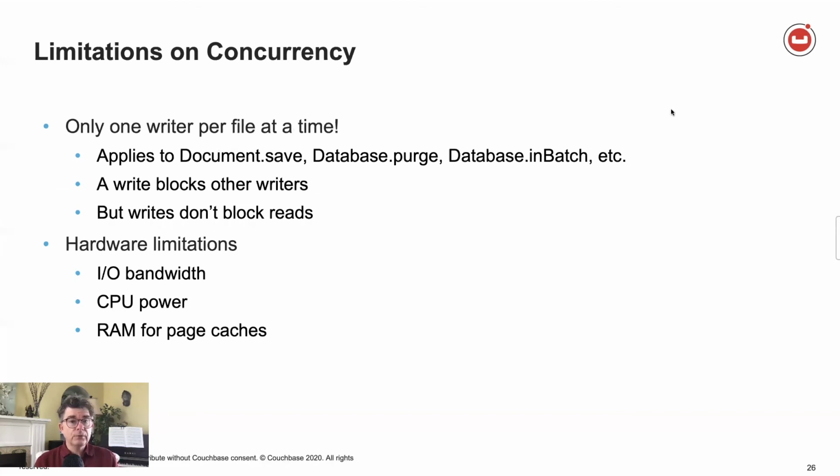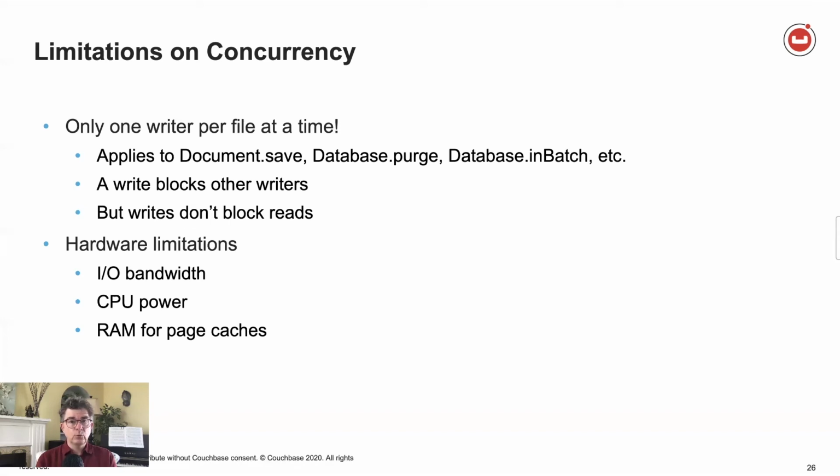So as I said, there are some limitations on concurrency. Even if you have multiple database instances open on the same file, the underlying storage engine, which is SQLite, only allows one writer per file at a time. That applies to any operation that changes the database. So that's like document save, purging documents, the in-batch call, which will do a whole bunch of changes at once.